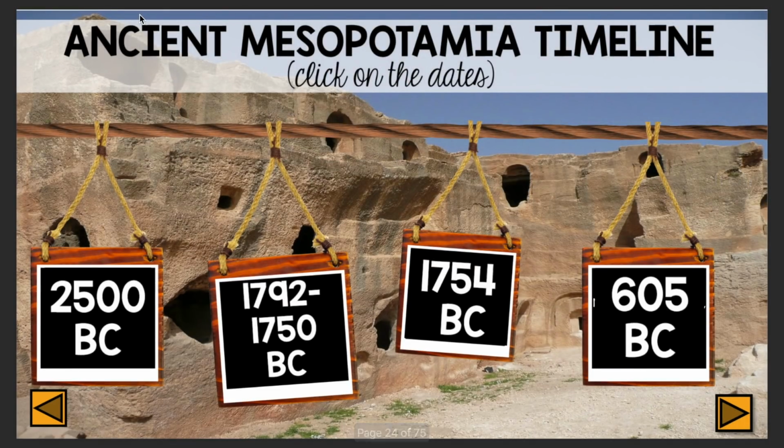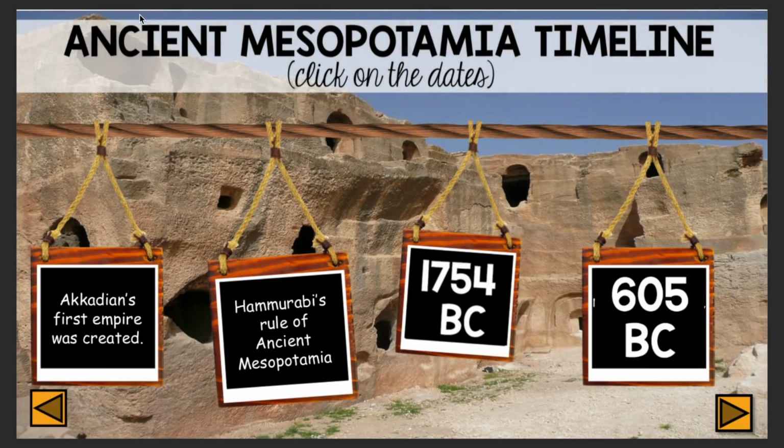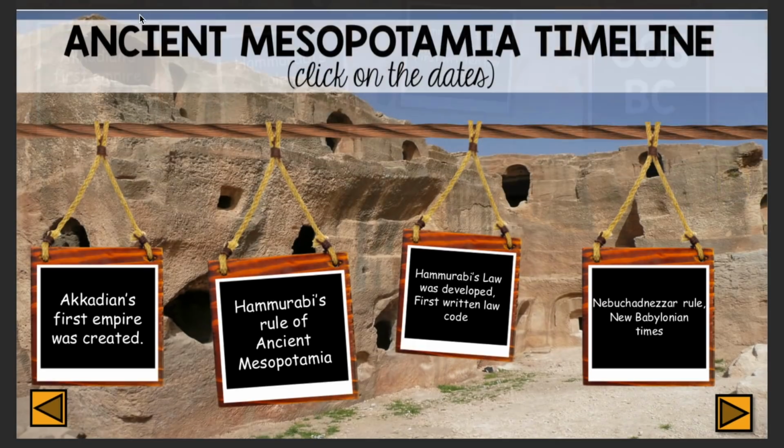Then we get into 2500 BC. It's where we've got our Akkadians not only taking the first civilization, but into the first empire. Then we get into Hammurabi's rule. 1754 BC, Hammurabi's law, which again is what we're going to be looking at more today. And then 605 BC, we get Nebuchadnezzar taking over in Babylon or Babylonia.